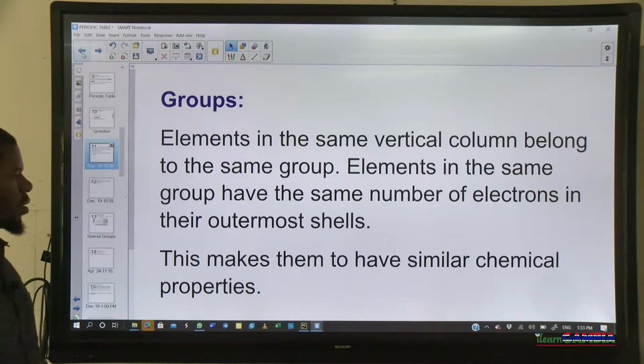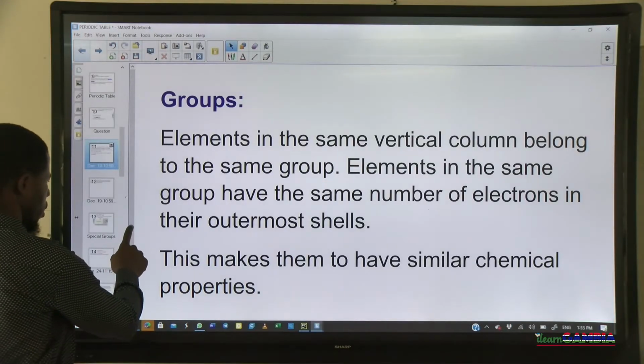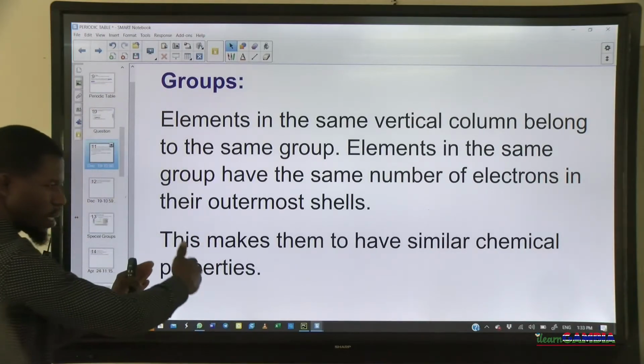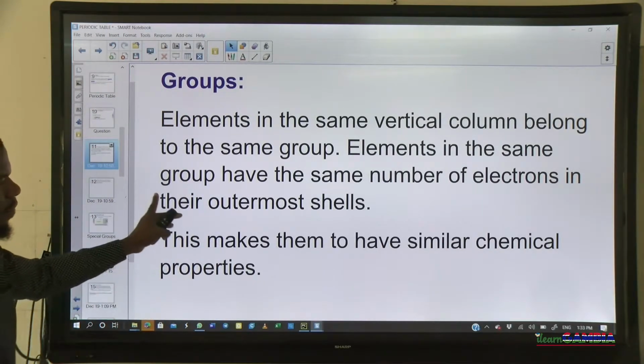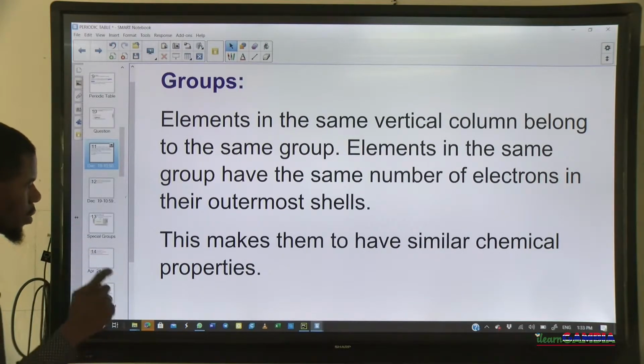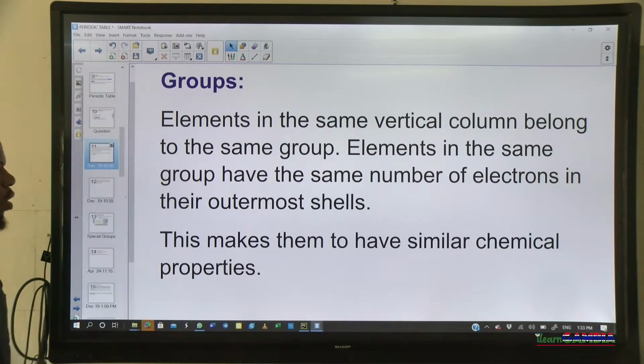What that is saying is all the elements that are found in the same group, on the same vertical column, all have the same number of electrons in their outermost shell, that is, in the last shell of the atom or the element. This makes them have similar chemical properties.